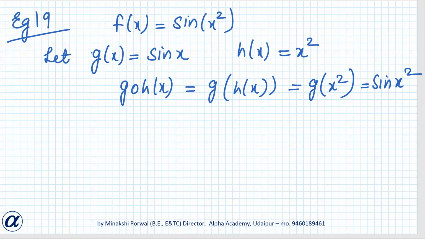So g of h(x) is the composition of sin x and x square. So if sin x is continuous and x square is continuous, then g of h(x) will also be continuous.